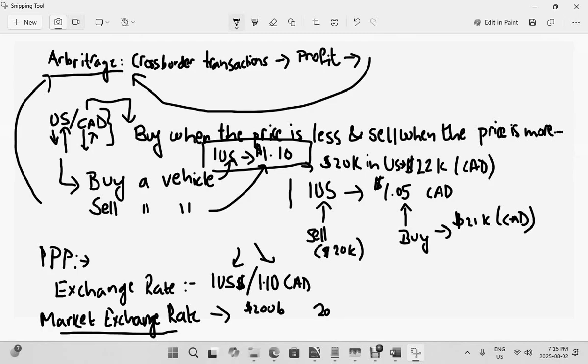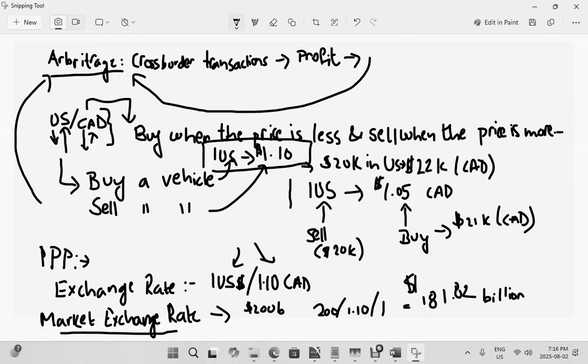You'll divide 200 billion by $1.10 Canadian over $1 US, and that comes to around 181.82 billion dollars.